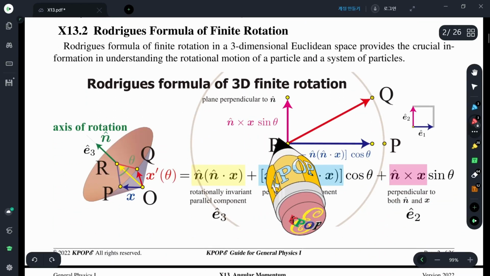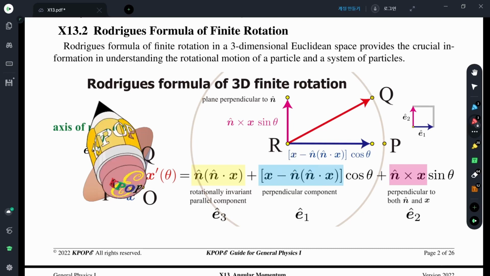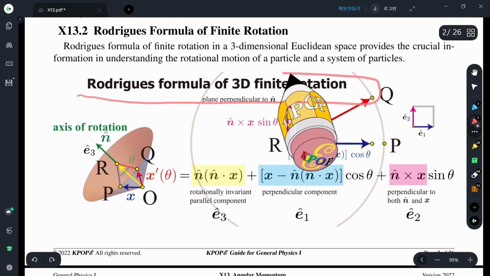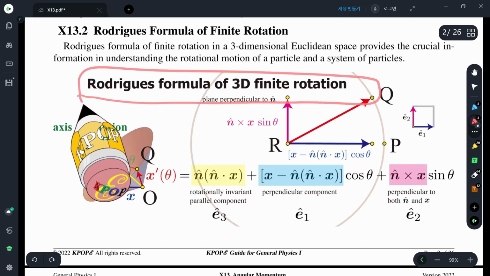If we consider the rotation, it is very important to identify the change of the position vector under the rotation. Every piece of information we require is contained in the famous Rodrigues formula of a three-dimensional finite rotation. Without this, we cannot go ahead. In many textbooks, they do not show the whole picture.